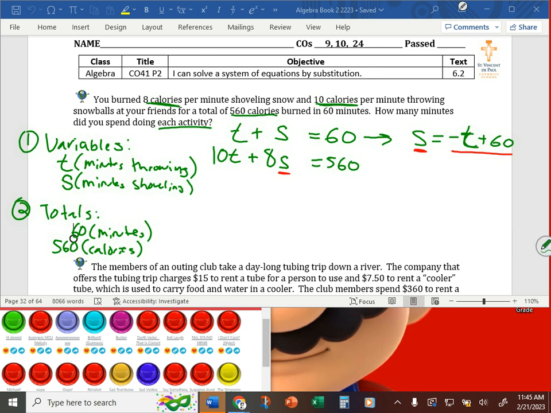So that becomes 10T plus 8, but instead of S, we're substituting in this new expression, negative T plus 60, and that equals 560. The 10T stayed the same, the 8 stayed the same, the 560 stayed the same. The only thing that's different is we substituted negative T plus 60 in for S. And now, you've heard me say this before, we have one equation with one variable to solve for.